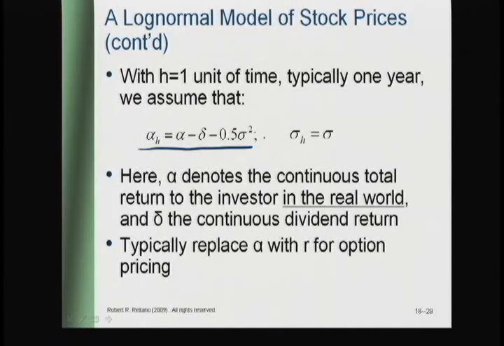You may recall that the author originally introduced a binomial lattice model with a certain calibration, and then showed a couple of others. One was called the Cox-Ross-Rubinstein model. One was called the log-normal model, the log-normal version of the binomial lattice model, which had this form. We saw it wasn't an alpha, it was an R, because we were dealing with option pricing.